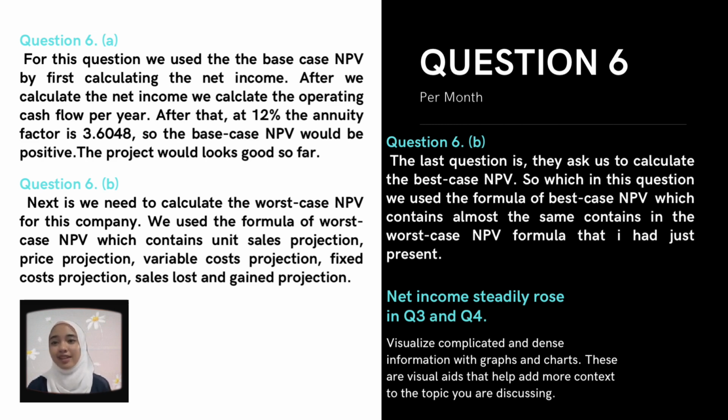It is the same as question 6c, but in question 6c, we are asked to calculate the best case NPV, using the best case NPV formula, and it also contains almost the same contents as the worst case NPV that I had just presented: unit sales projection, price projection, variable cost projection, fixed cost projection, sales loss projection, and sales gain projection.